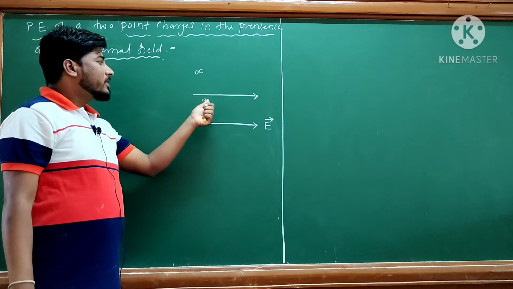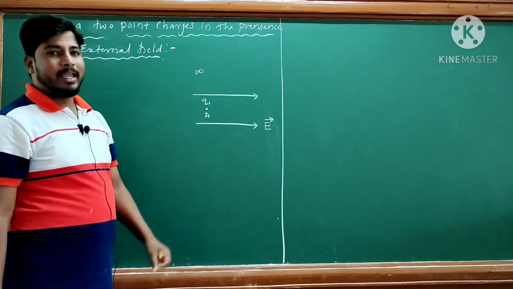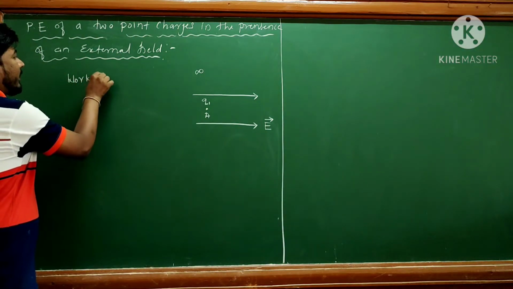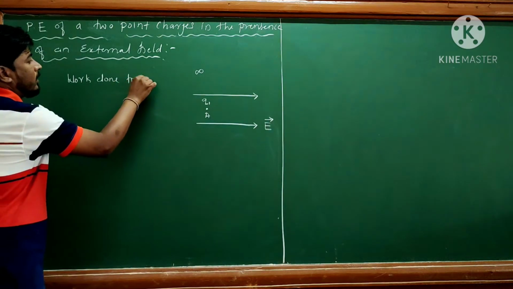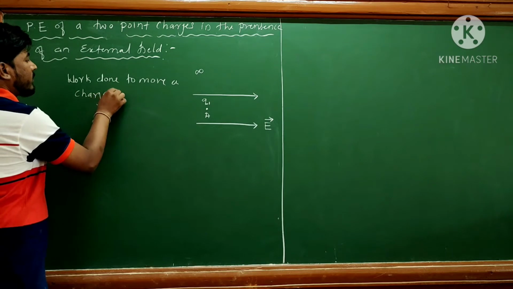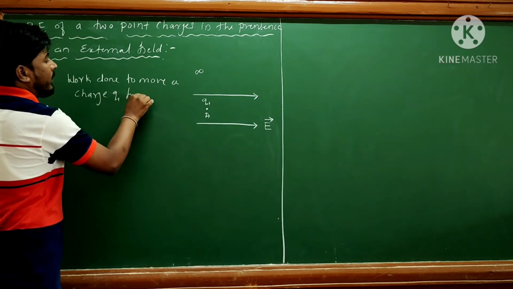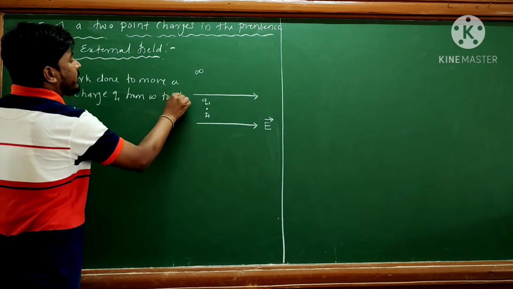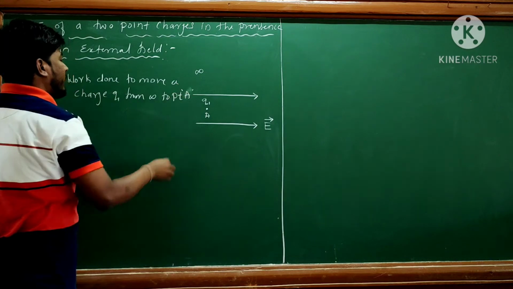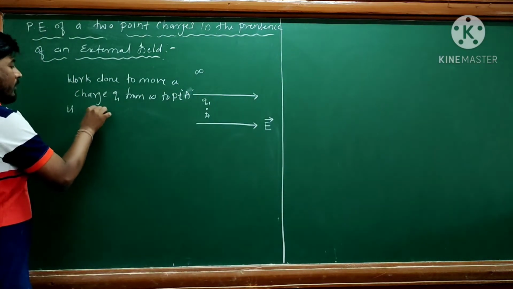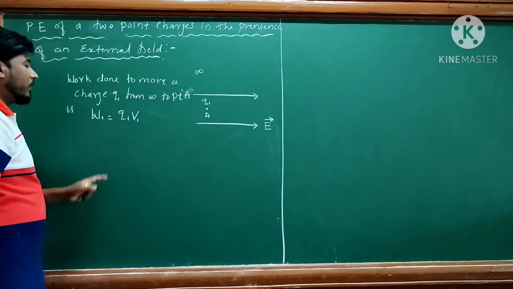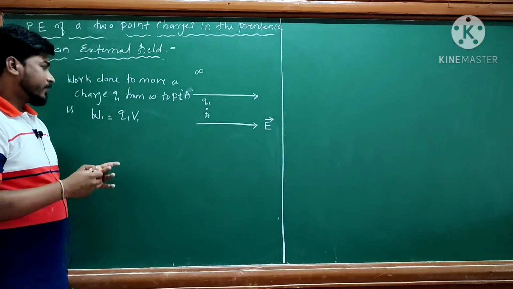Work done to move the charge Q1 from infinity to this point A is given by W1 is equal to Q1 into V1.